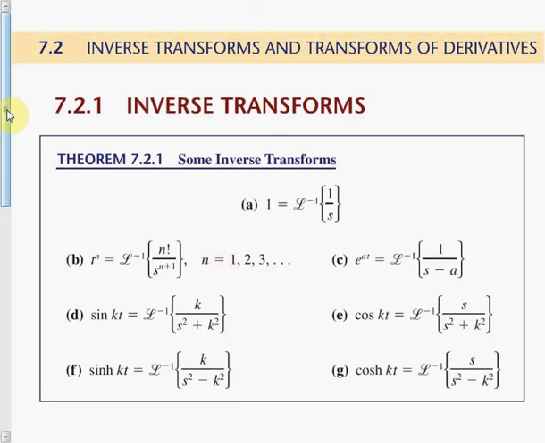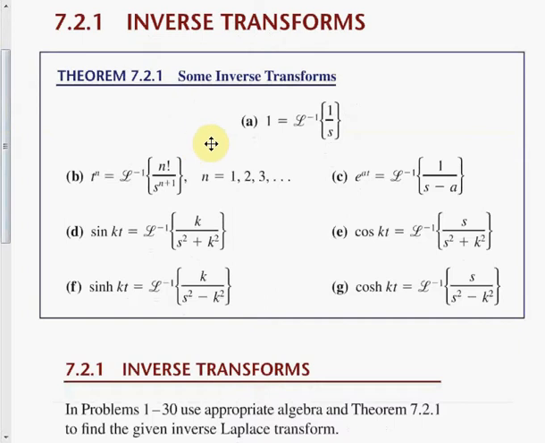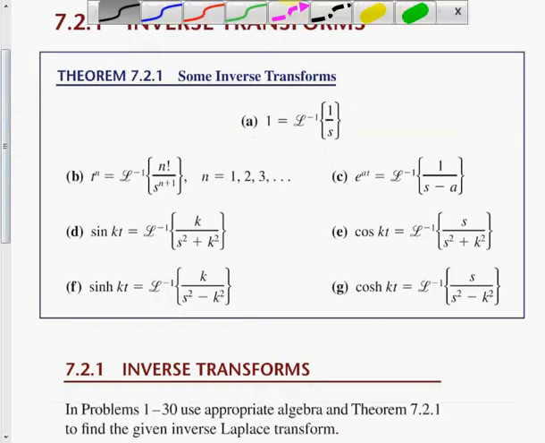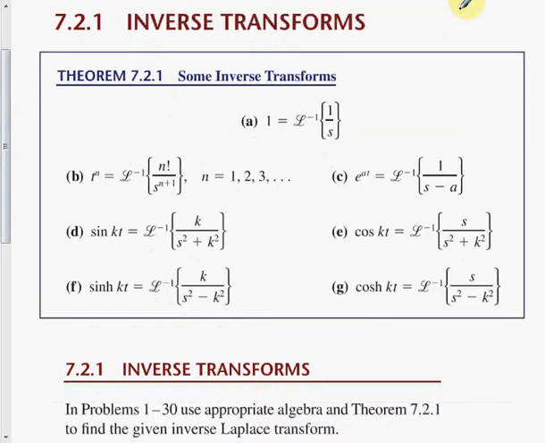Let's see. If you look at this theorem, you remember in the previous section, they had things like the Laplace transform of 1, and that gave you 1 over s. So indeed, if you take the inverse transform of both sides, you just get the reverse, and that's part A right here.